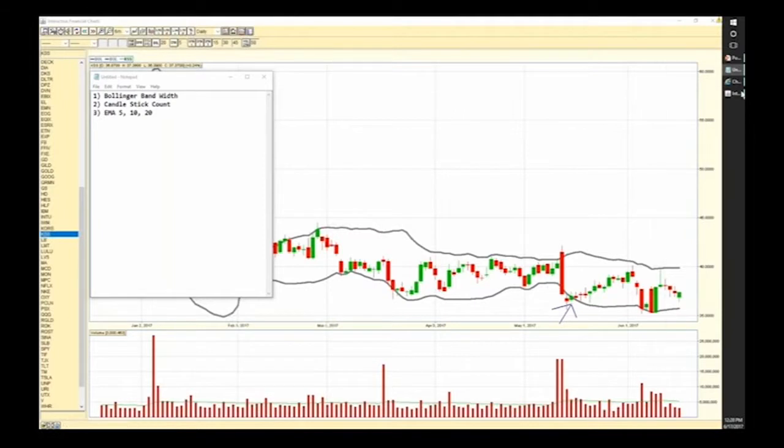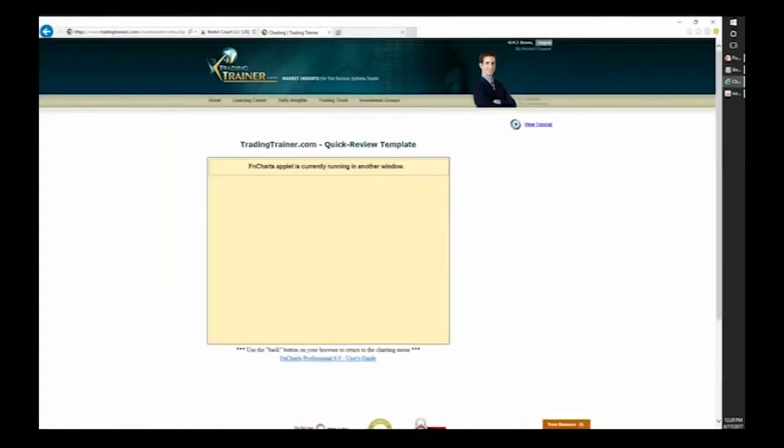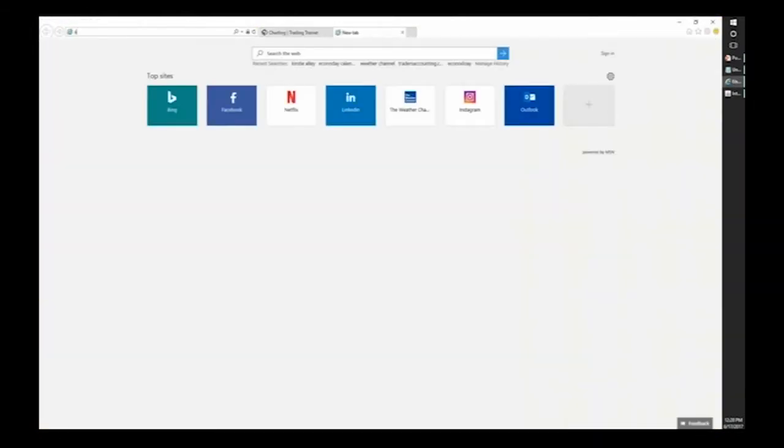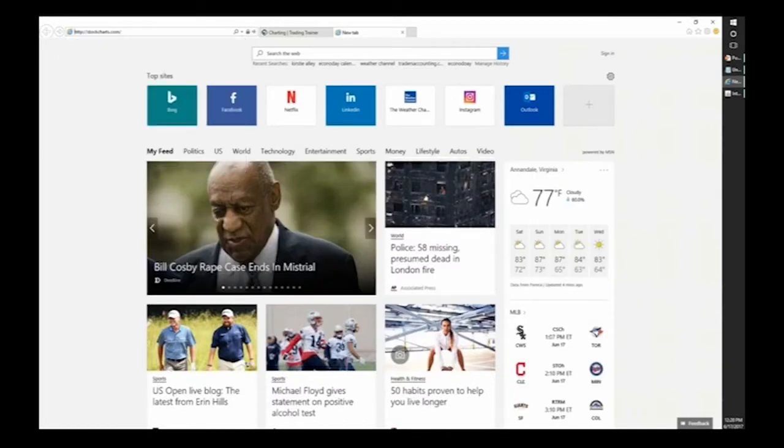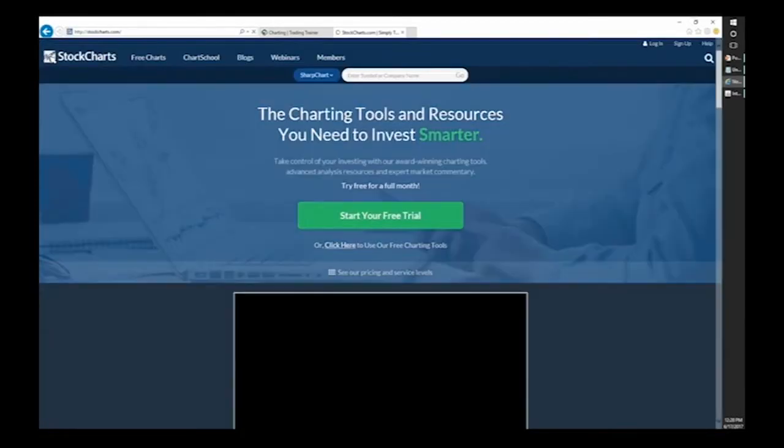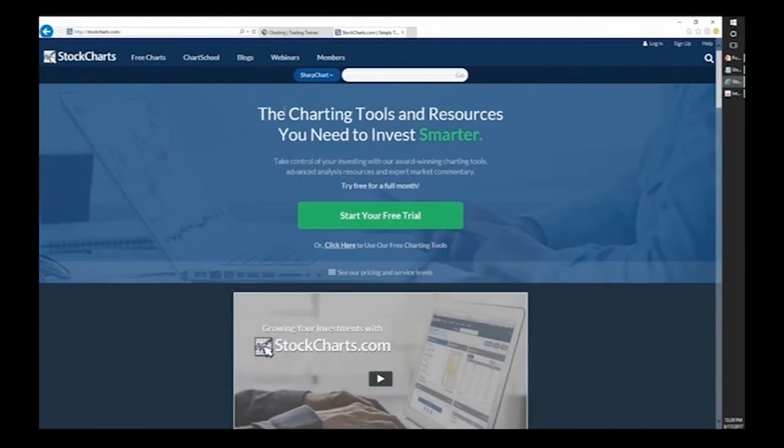Let's actually go over to the tool. This is a free tool on the web, stockcharts.com. And we don't get anything for using their tool. I just like pointing it out because it is free and it is a very good charting package. A trading trainer gets no retribution for telling you about it.